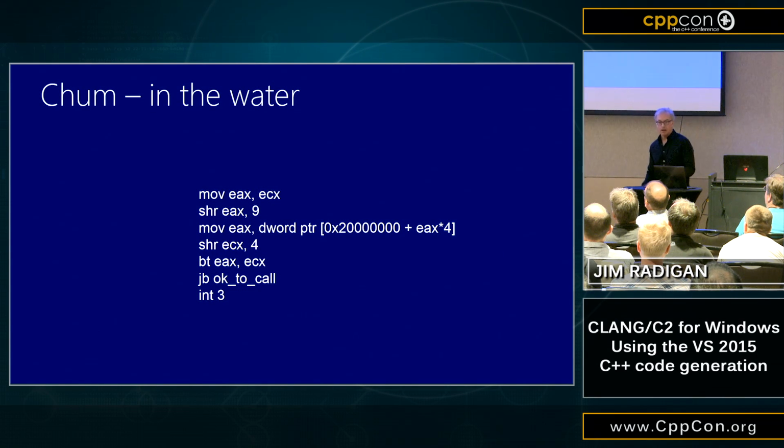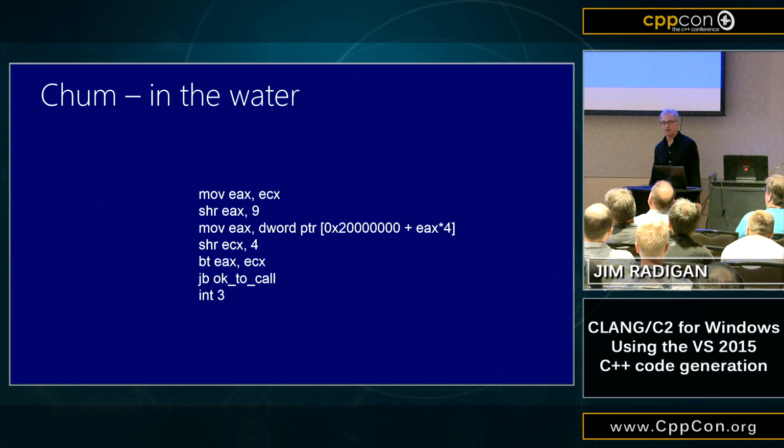And I named this slide Chum in the Water because we generate this code or something similar to it for every indirect function call. And the first time we put this out there, we recompiled and reissued huge parts of Windows 8.1 after it went out in order to deal with many of the hacks that were basically targeted at Internet Explorer. And we didn't have to document much because the community did it for us.